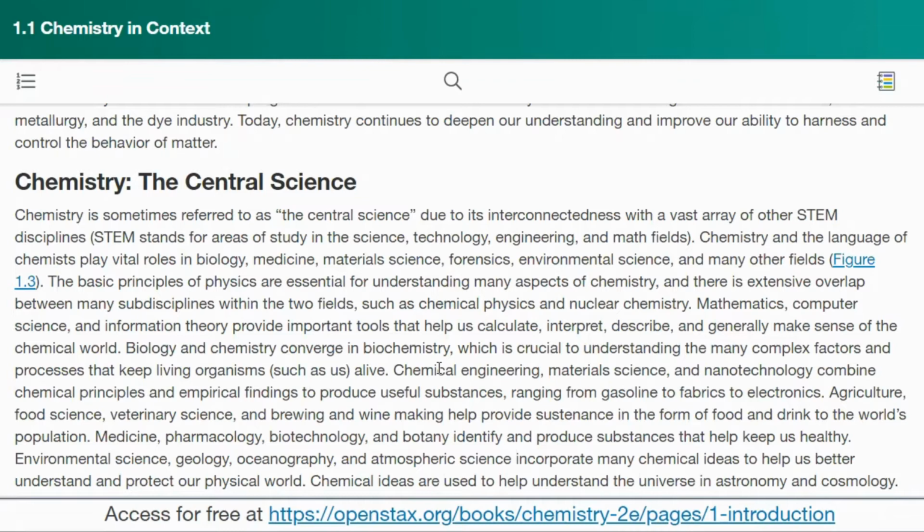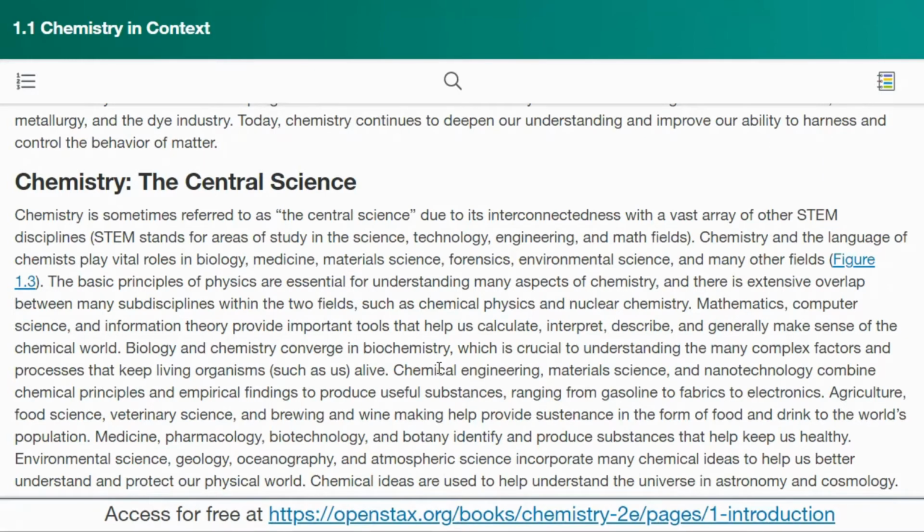Chemical engineering, material science, and nanotechnology combine chemical principles and empirical findings to produce useful substances, ranging from gasoline to fabrics to electronics. Agriculture, food science, veterinary science, and brewing and winemaking help provide sustenance in the form of food and drink to the world's population.